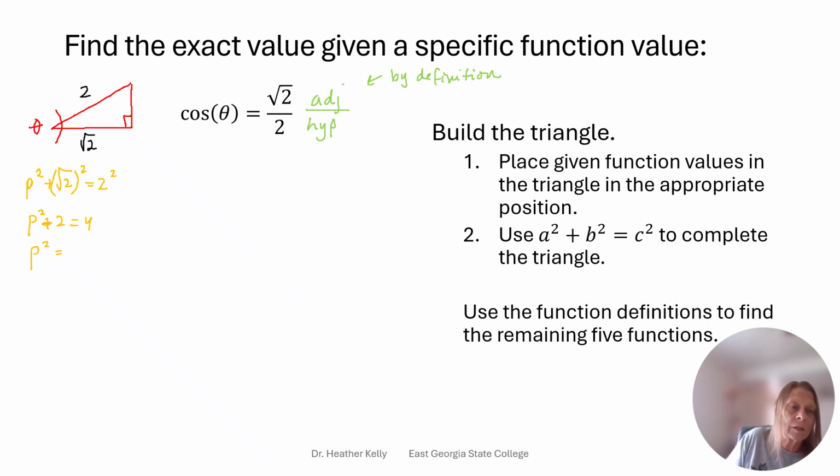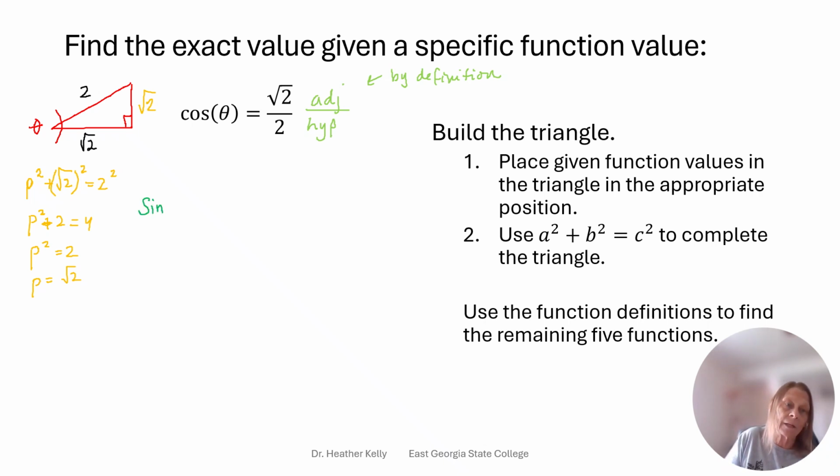P squared is equal to 2. P is equal to the square root of 2 as well. Okay, that's cool. That can happen. For sure. All right, so now it asks us to find the remaining 5 functions.